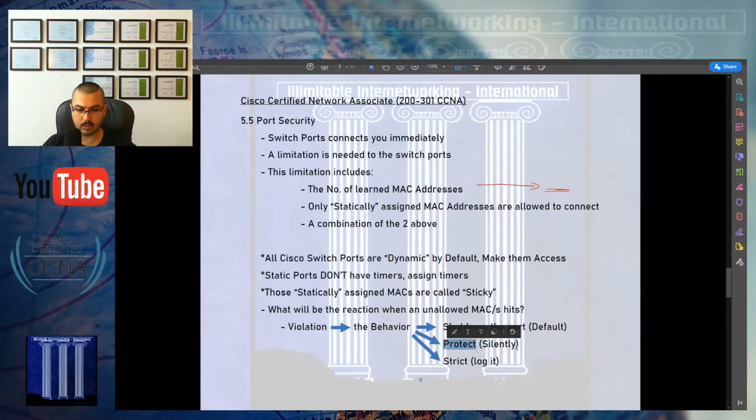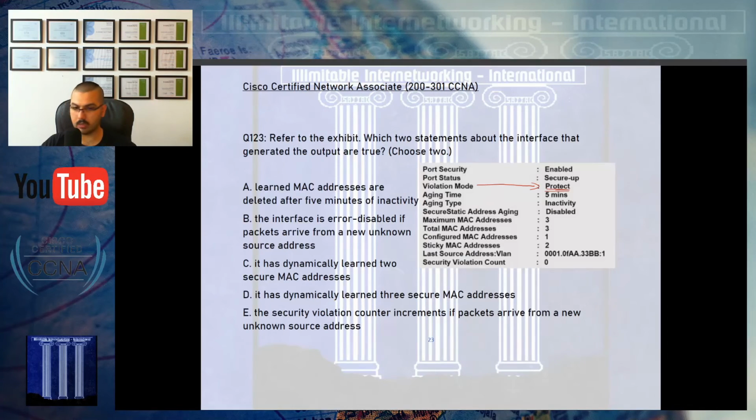Protect will do it silently without creating a syslog. Restrict, it's not strict, will create a syslog message. So protect is the one that works silently and drops a frame without logging it. Good, this is the difference.